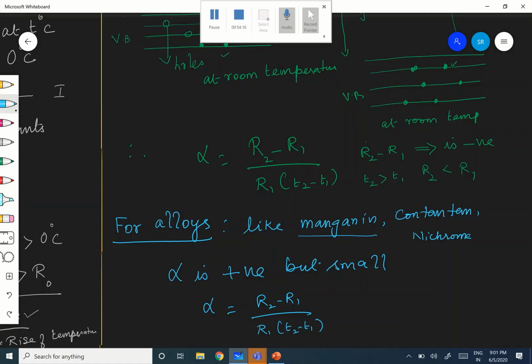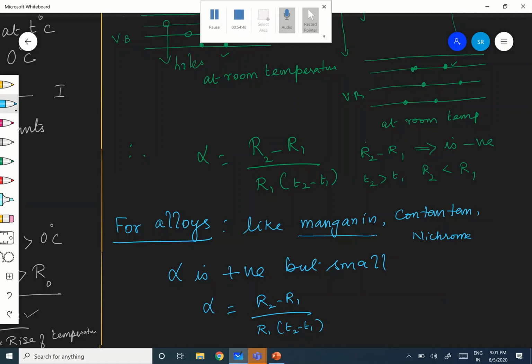As you pass a current for a long time, the temperature may increase, and there is a possibility of change in the resistance in the metal. But if I want a resistance coil, even if you pass the current for a long time, only the temperature will increase, and I don't want the resistance to change.